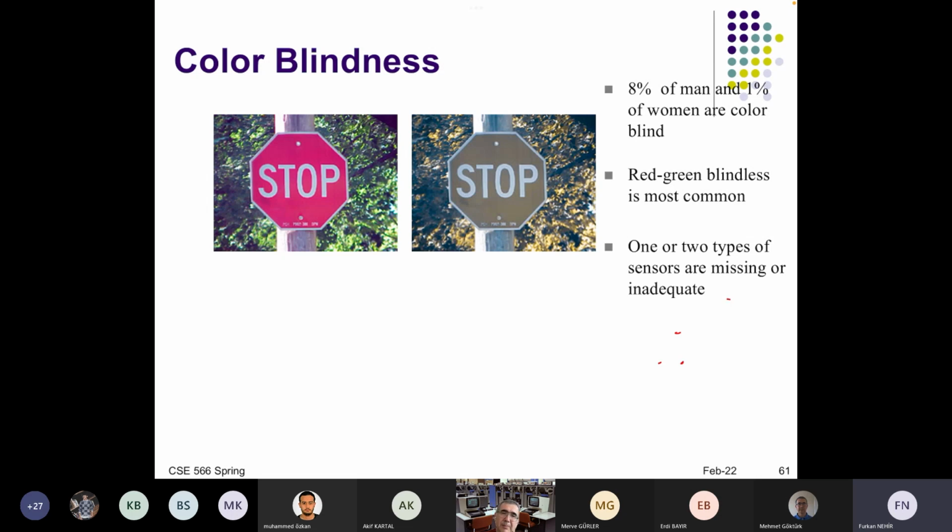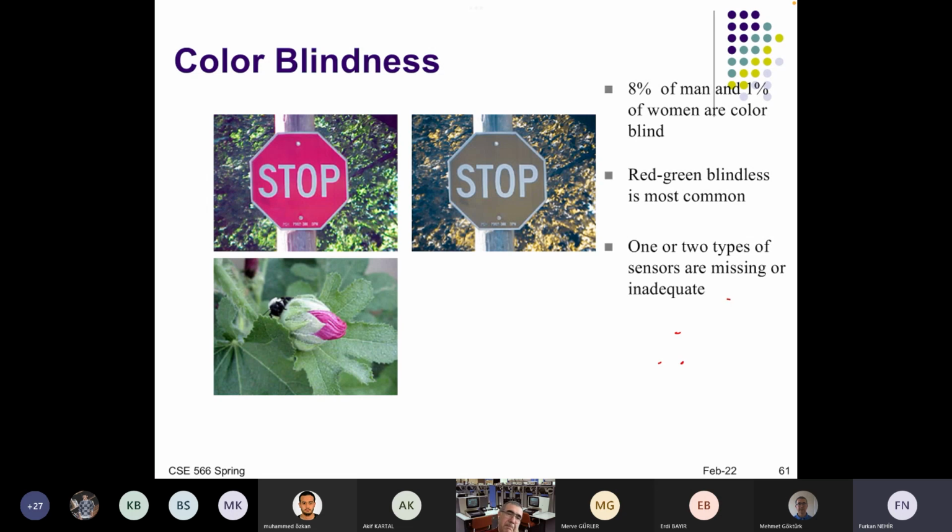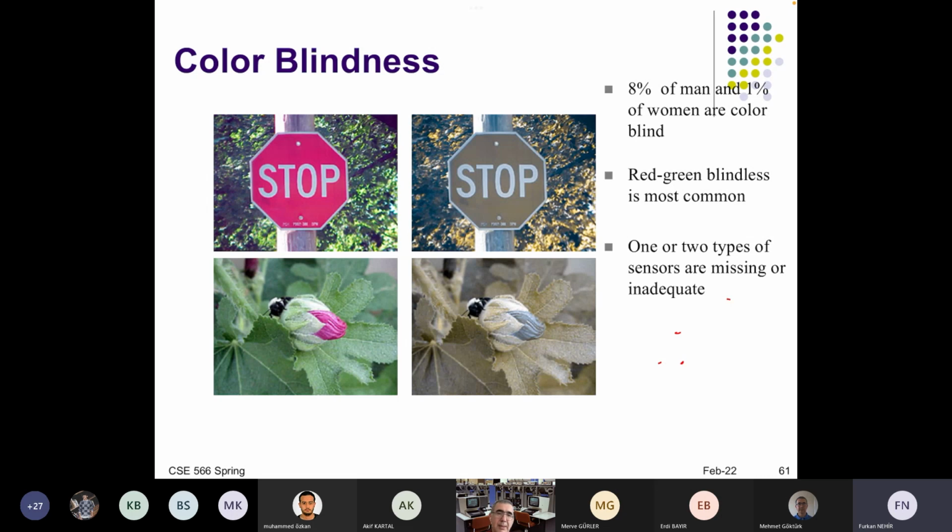So they see color, but they see color differently, and it's mixed with the other background colors, which is usually green. This is most common. So the flower like that can be seen as the following, like brownish. Missing or inadequate type of color sensors available in the retina.